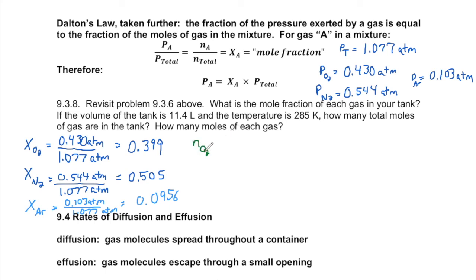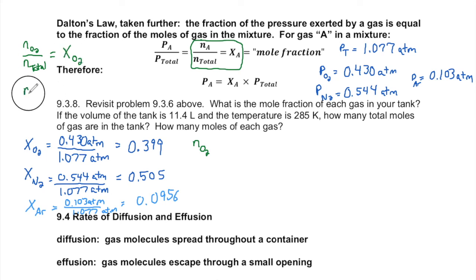So if we want to know the moles of oxygen that are in the tank, let's go ahead and take a look at this part of the equation over here. The moles of oxygen that are in the tank over the total moles in the tank is equal to the mole fraction, so the fraction of oxygen.